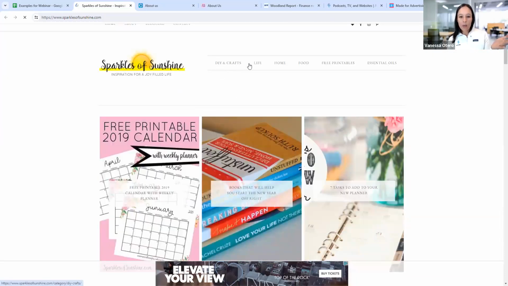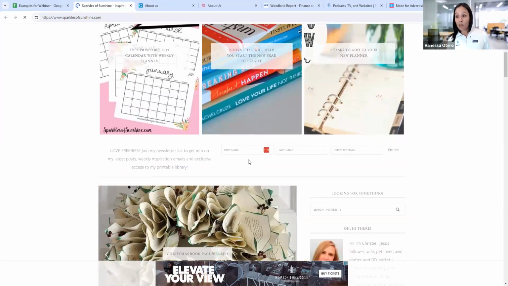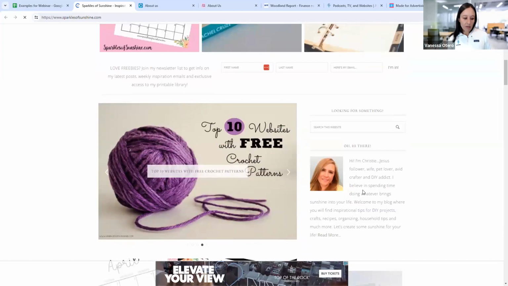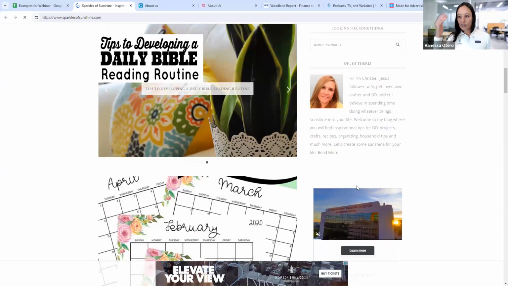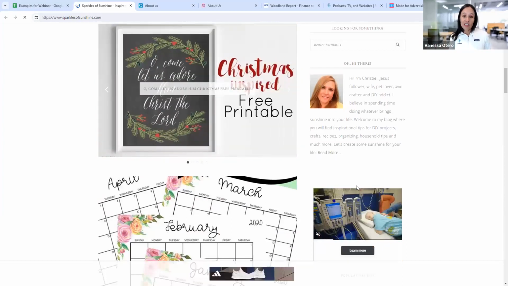And it's DIY, life, home, food, free printables, essential oil. But the more you click on the articles, the more you see these are actually pretty high quality. The person who created the site, this photo, this bio, I looked around for her on the internet. She exists, she's a real person, and she looks like she's just trying to monetize her website.